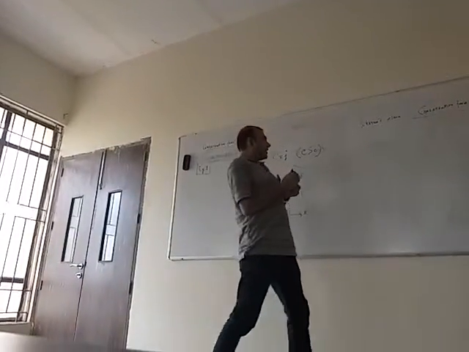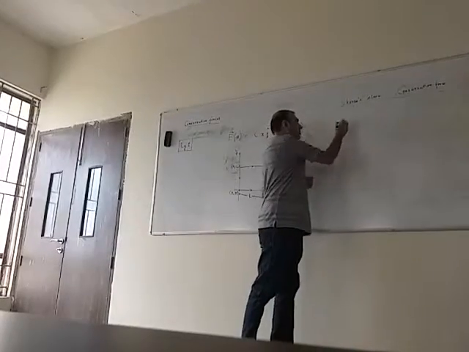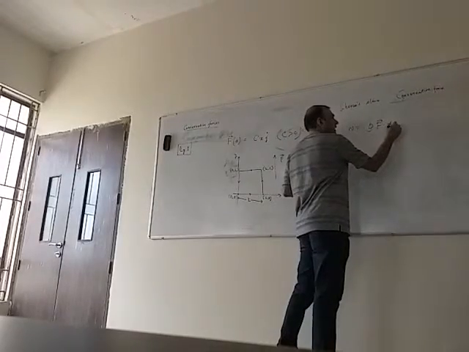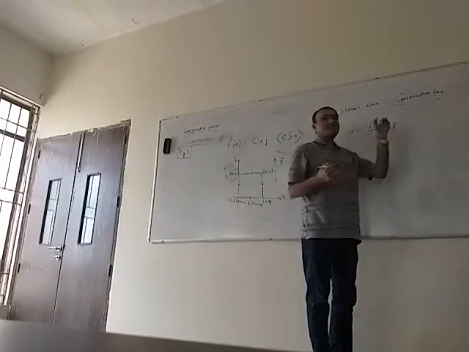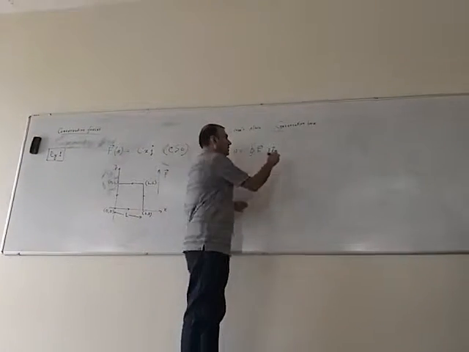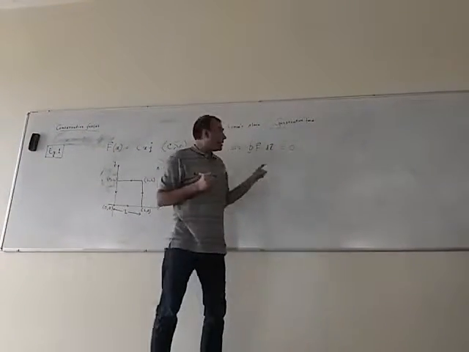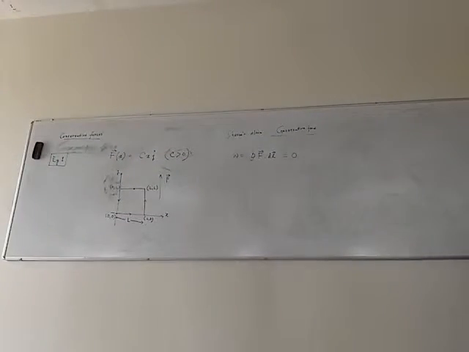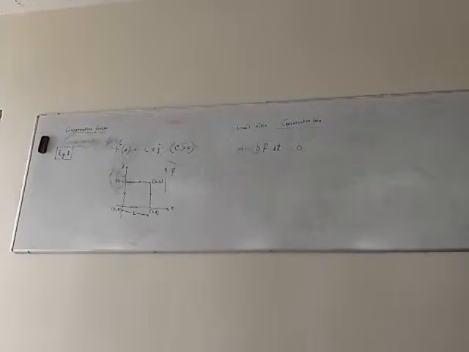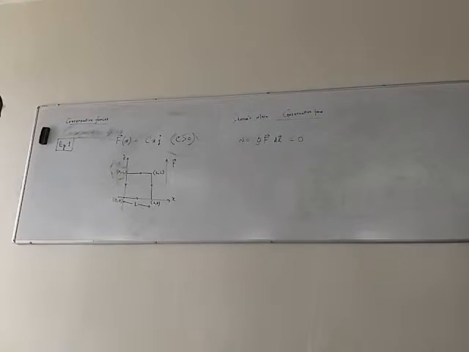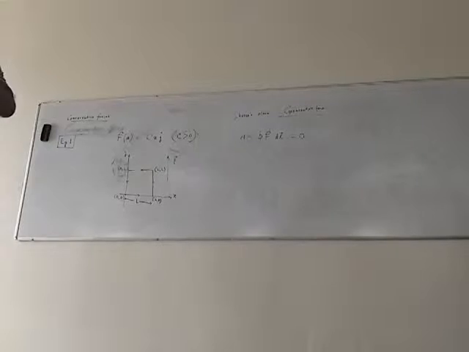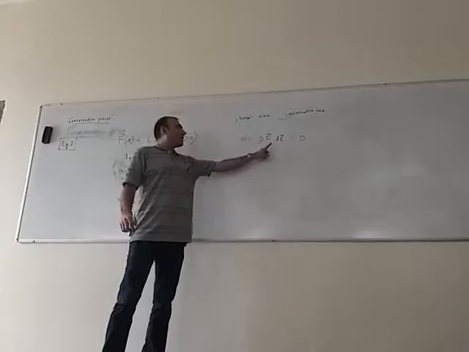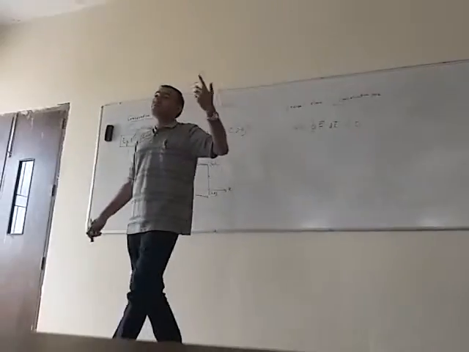So the idea is that the work, which is the integral of F dot dl, I was writing it as ds yesterday, but dl is okay, if it's equal to 0 around the closed path, then it is conservative. Only if it's 0 is it conservative. I think you did the calculation and thought that it's non-zero. So we'll just check that. This is the condition that we are going to verify.